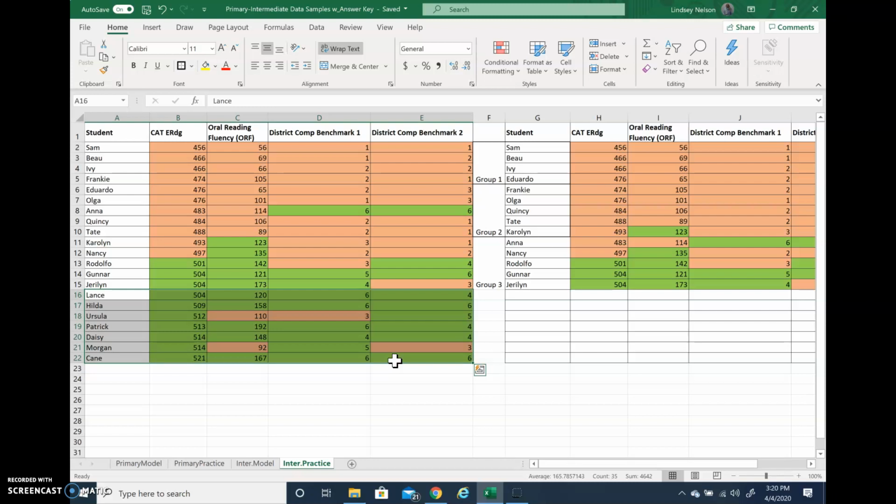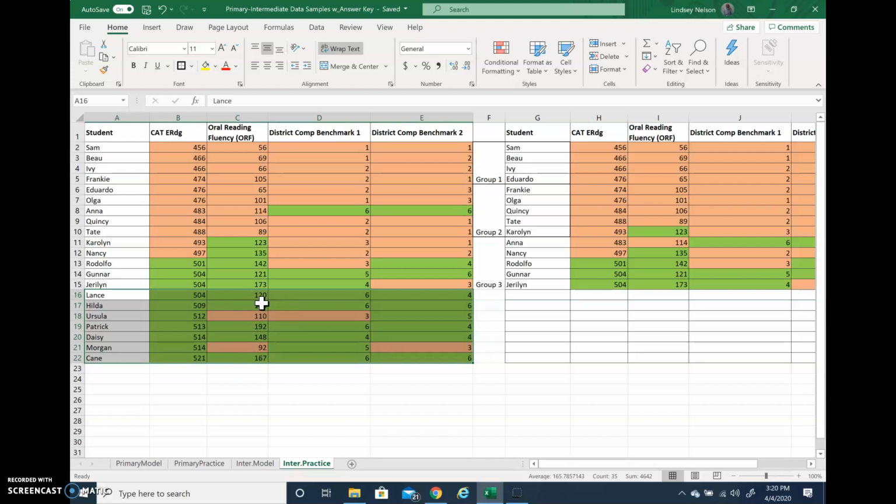As I look down here, Morgan has a score of 92 and is also a 3 here. This is quite a bit lower than some of her classmates right above her, scoring 192 or 167, 158.